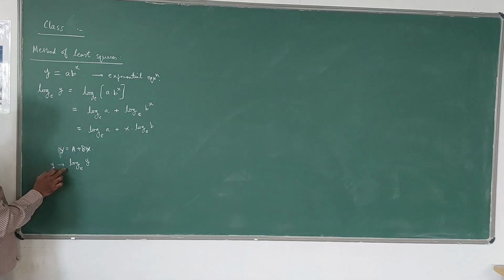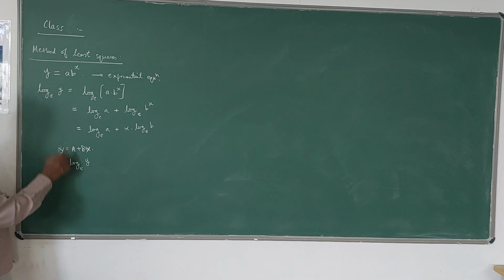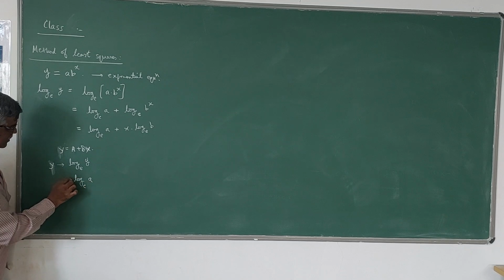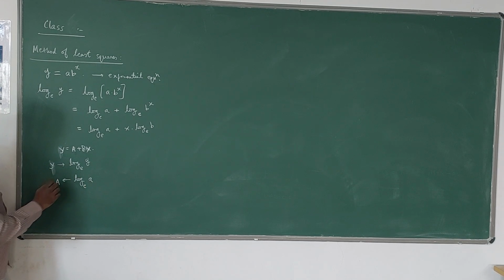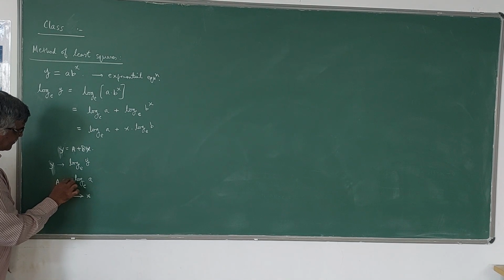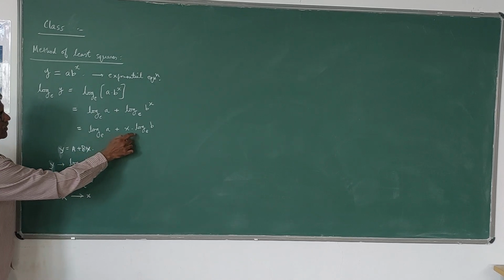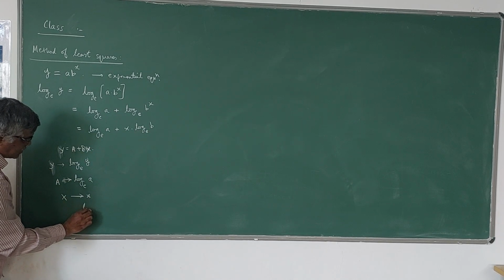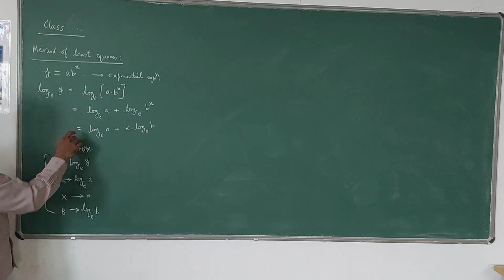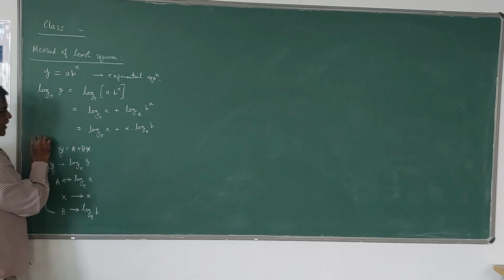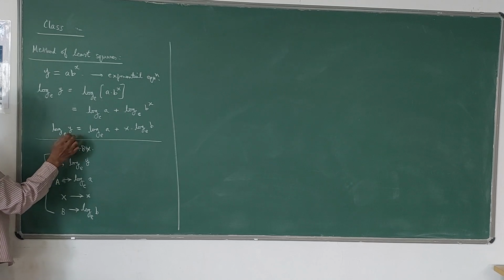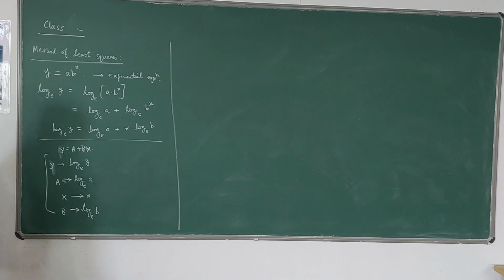So capital Y is replaced by log y to the base e, and log a to the base e is capital A, and capital X is nothing but small x, and log b to the base e is capital B. So this is also a linear equation, but only in logarithmic terms. These are the relationships.